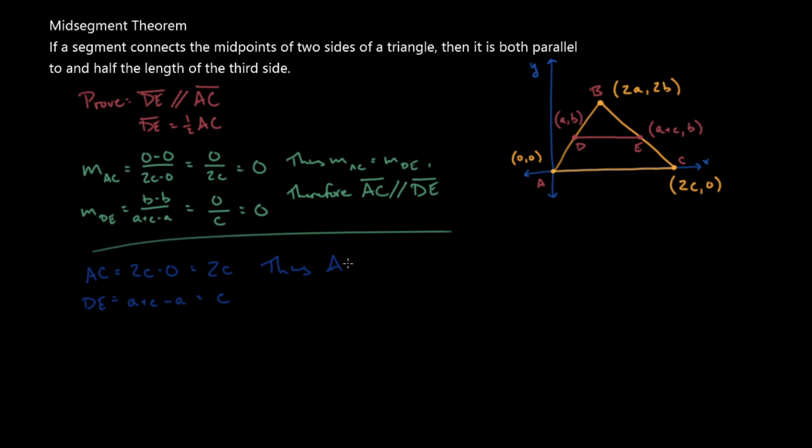AC is equal to 2C, I should put that lowercase, 2C. Just a way I could rewrite that is, well, actually that's not how I want to do it. Undo. What is 2C equal to?